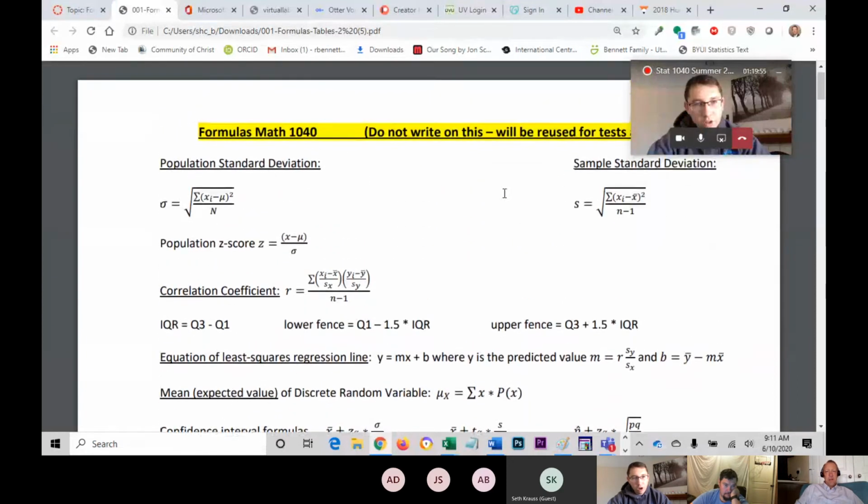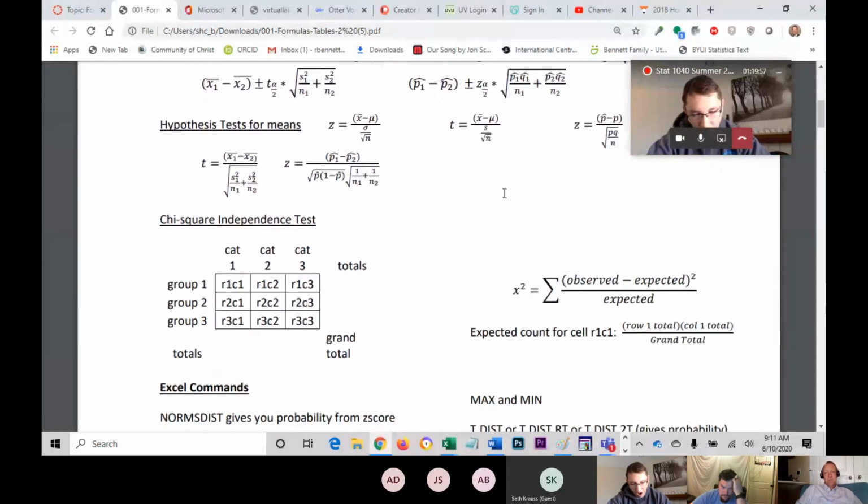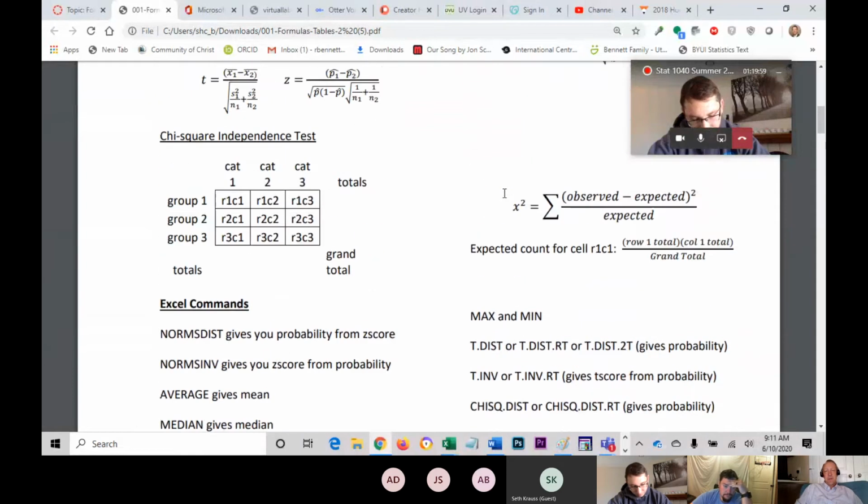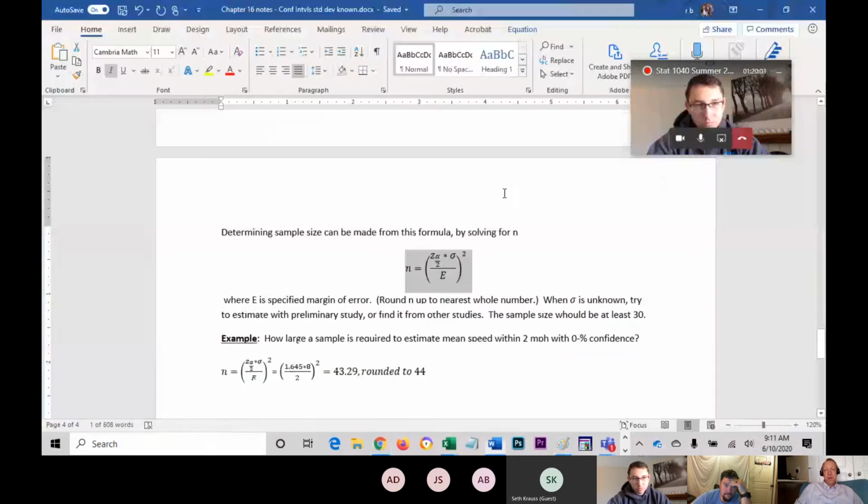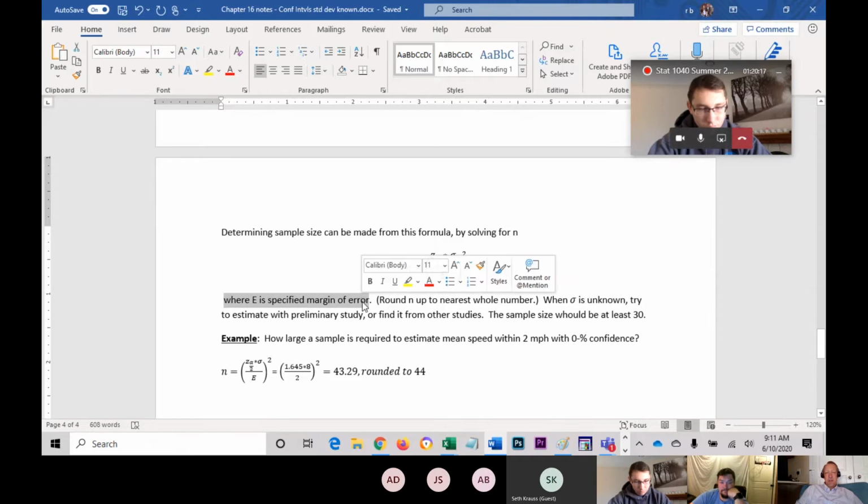Maybe I should add that on there just in case. Yeah, it's not on my formula sheet because I usually don't ask you, but apparently there's some questions on the homework. So it's a pretty easy formula. N equals your Z sub alpha over 2 times your sigma over E, which is your margin of error, okay?